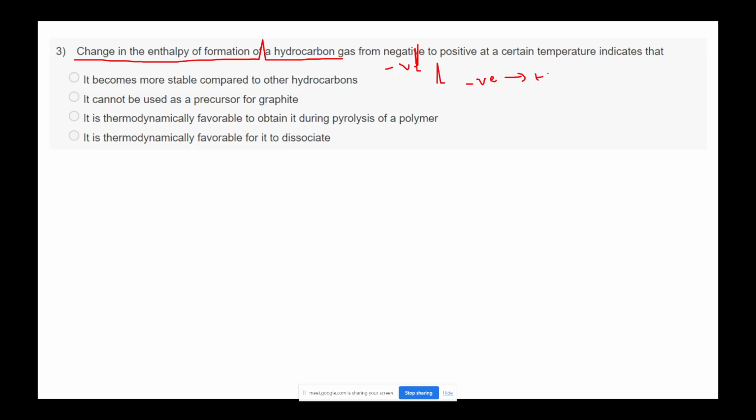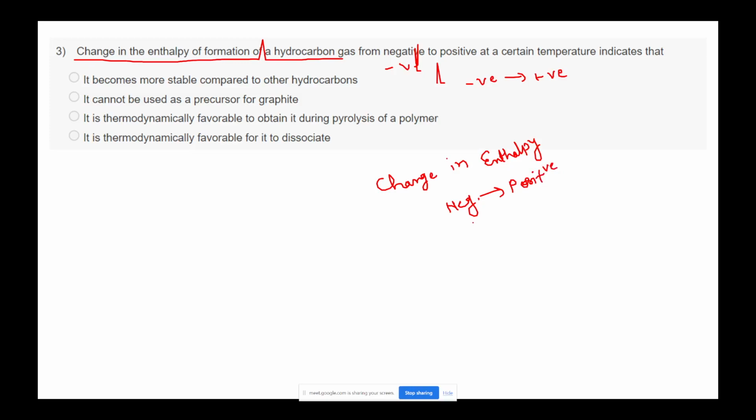Negative to positive at a certain temperature indicates what? When there is a formation of hydrocarbon gas, the change in enthalpy of formation goes from negative to positive.